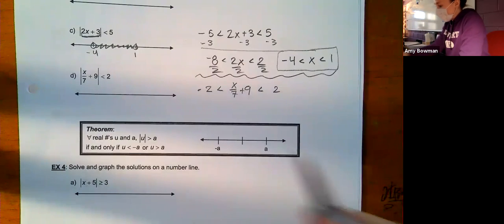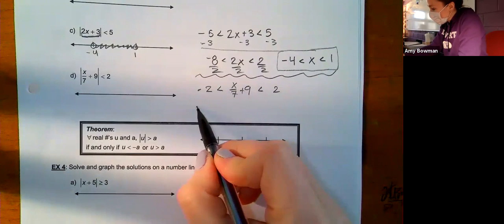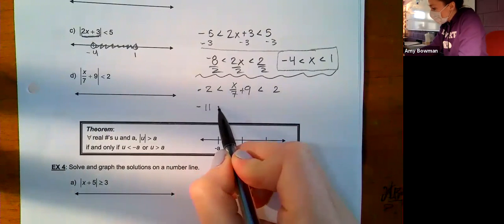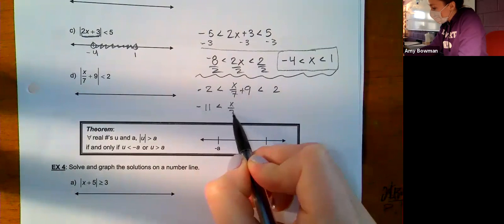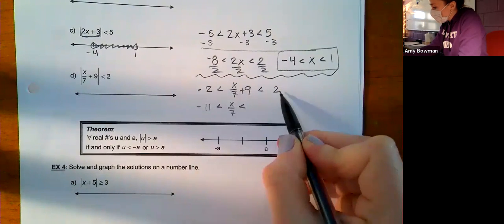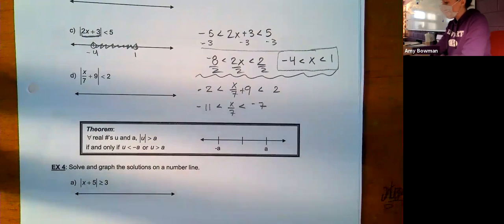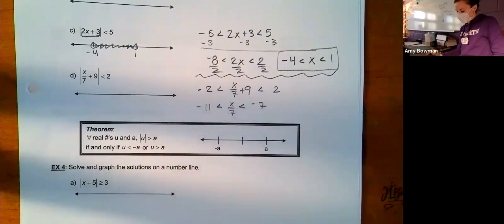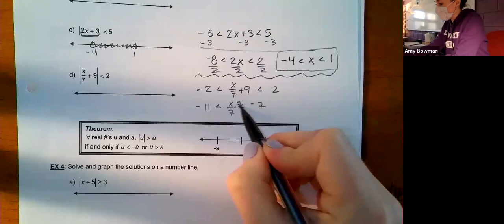First subtract 9, so it'll be -11 is less than x over 7 is less than 2 minus 9, so -7. Multiply, yeah. So now we're multiplying every piece by 7.